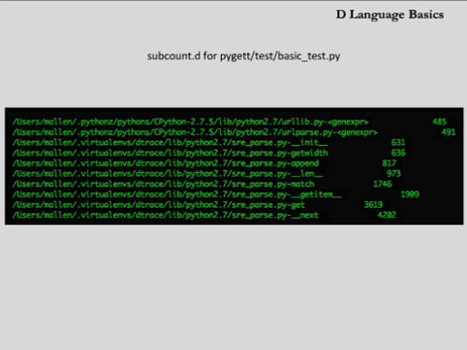In this particular case, I have a unit test for a library that I wrote called PyGet, which is a client for a service called ge.tt. And this is the unit test execution, and this shows you what all the most expensive parts of executing that particular unit test are. In this particular case, you can see that the SRE parse library gets a lot of play.